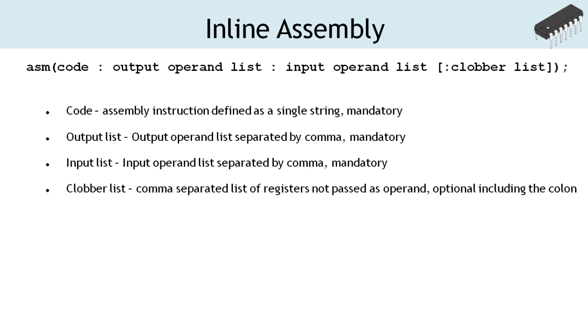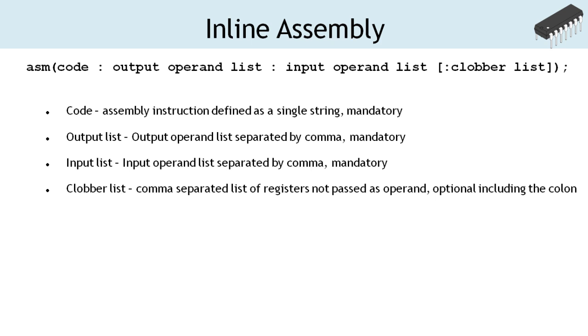Then the output operand list follows. The third part is the input operand list separated by commas. The output and input operands must be separated by a colon, and it is mandatory. However, the output and input operand lists may be empty.